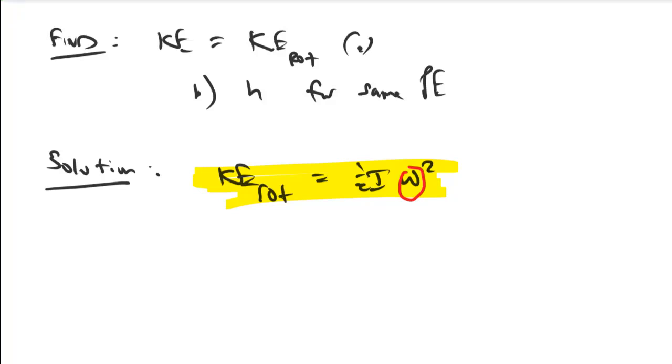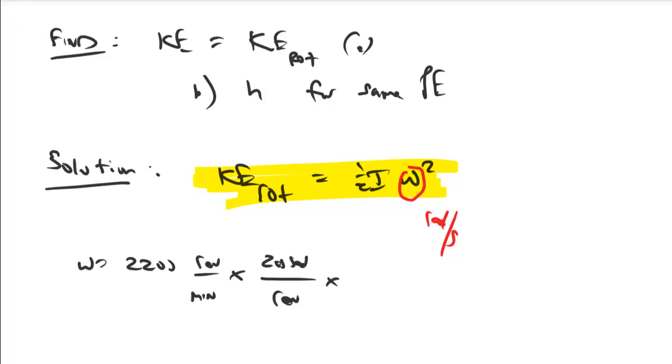There are times when we don't have to, but if you're ever unsure, just convert to radians per second as your go-to. Okay, so first we should do that. Let's say omega is equal to 2200 revolutions per minute times 2 pi radians per revolution times 1 minute per 60 seconds.